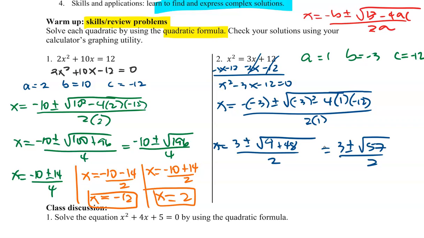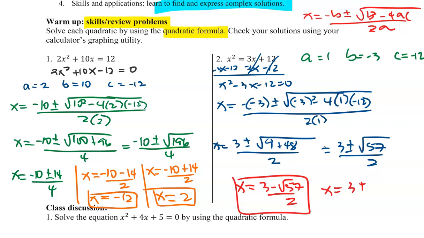So if we don't have the square root of 57, we could just write it as 3 minus the square root of 57 over 2 and 3 plus the square root of 57 over 2.